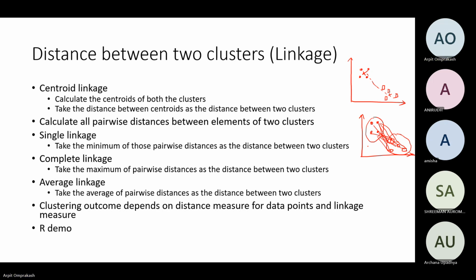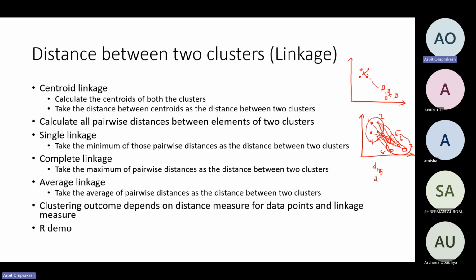Then for single linkage, you'll have a list of different distances. So let's say this is points 1, 2, 3, 4 and this is 5, 6, 7, and 8.